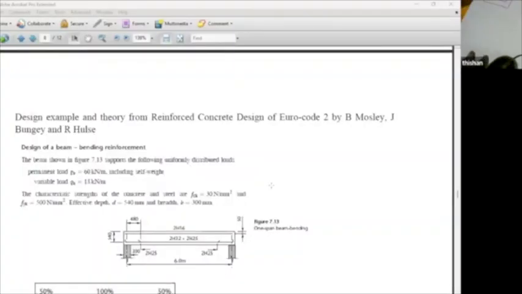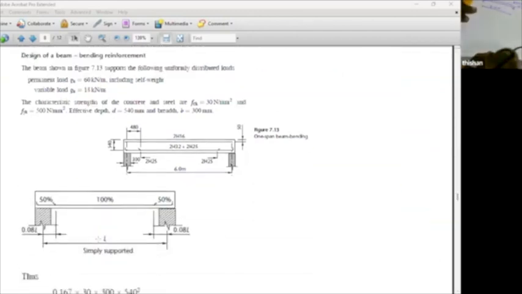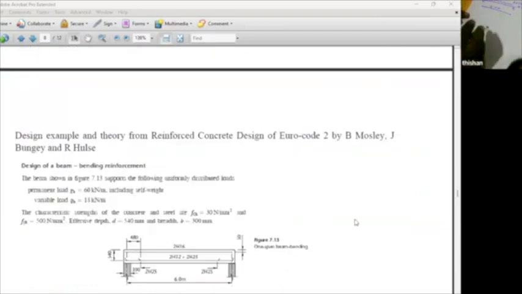Right. So before we design for torsion, let's design the beam. Now, if you look at the beam, the length is 6 meters, subjected to a permanent load of 60 kilonewtons per meter, the imposed load of 18 kilonewtons per meter, and then, so what is the bending moment?